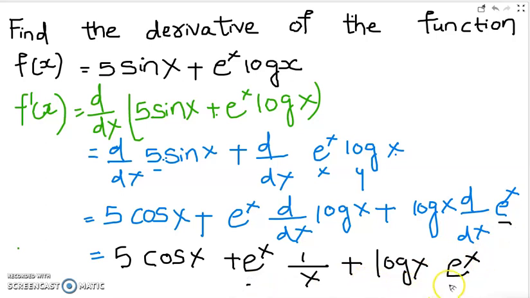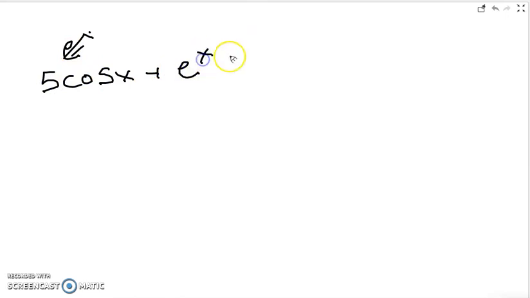Now e^x is common, right? e^x is common, so the answer for this is what we got first, 5 cos x, plus e^x into 1 by x plus log x.